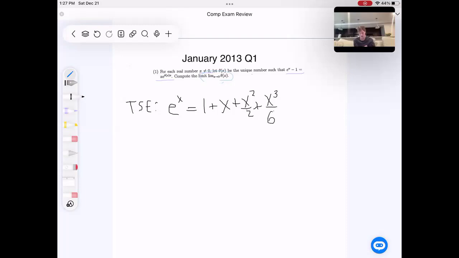But because we really only care about the initial terms of the series, especially as x is getting smaller and smaller, what we can do is abbreviate that like this, with higher order terms.